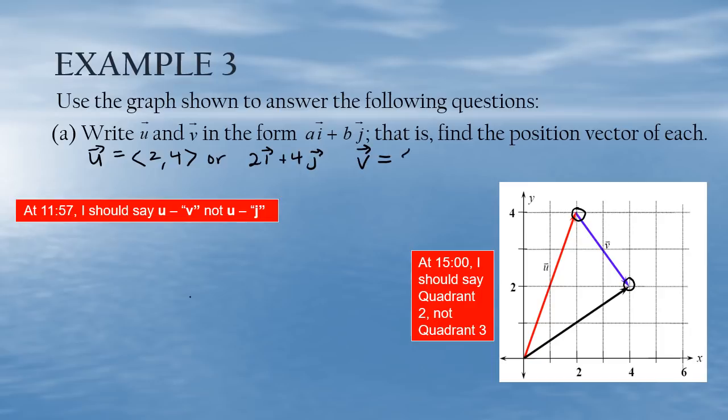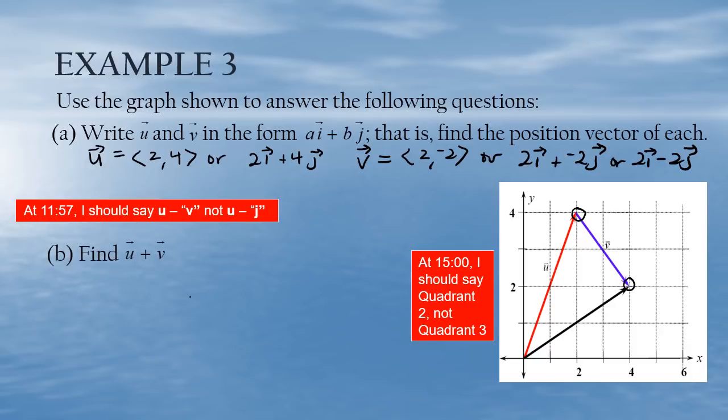And so I'm going to say in component form that that is (2, -2), or 2 unit vectors moving horizontal and 2 unit vectors moving vertical. Now, I wrote 2i plus negative 2j. I also could have written 2i minus 2j.